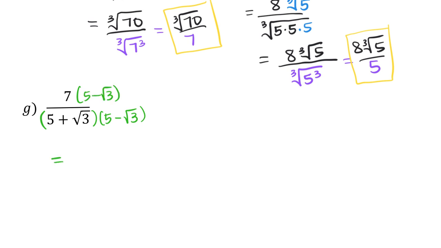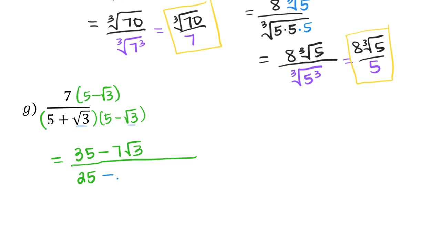Okay, we are going to times out the top. 7 times 5 is 35. 7 times root 3 is 7 root 3. On the bottom, I want to times all that out. 5 times 5 is 25. Now, if I do minus 5 root 3 and plus 5 root 3, they always cancel. So I'm going to skip the middle term and go to root 3 times negative root 3. It's going to be negative.